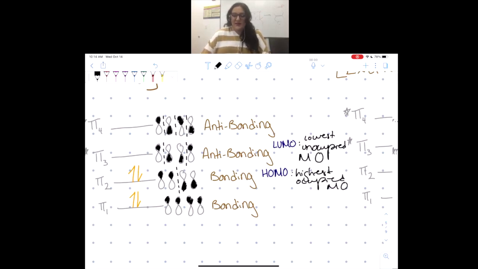And so as we can see, this is the highest energy level with electrons in it, so it will be the HOMO, and pi 3 is the lowest orbital energy level that has 0 electrons in it, so that's why it is the LUMO.